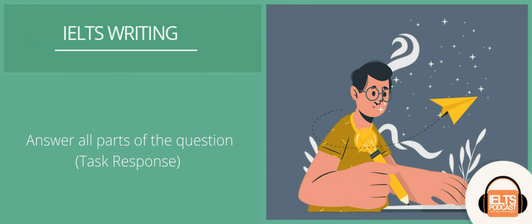the name of this tutorial is Answer All Parts of the Question. We called it this because this is one of the data points that is included in the online essay checking tool.